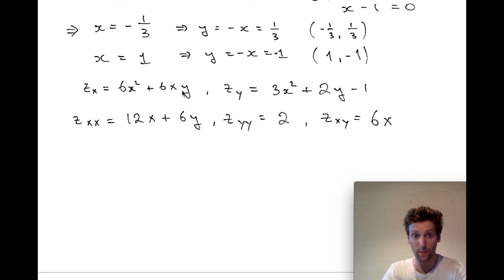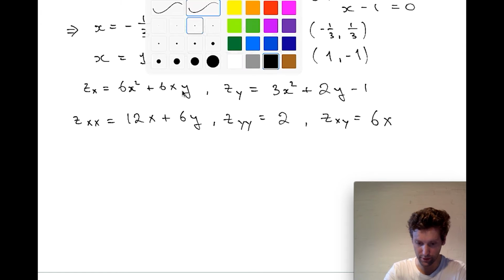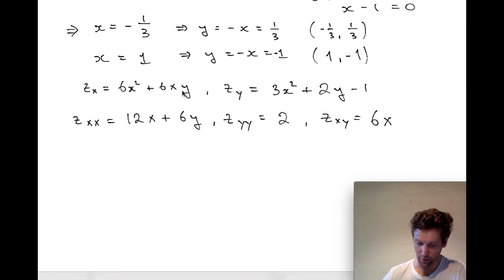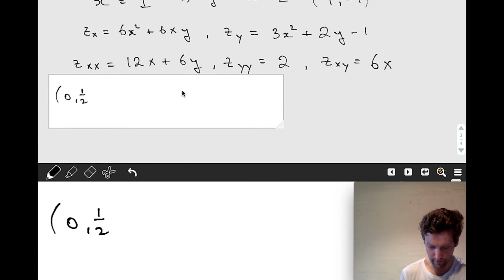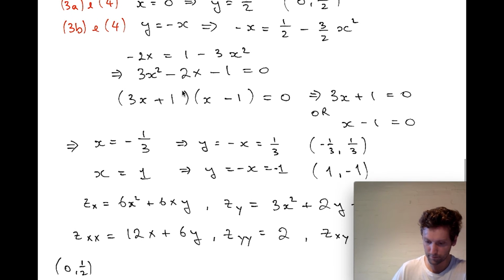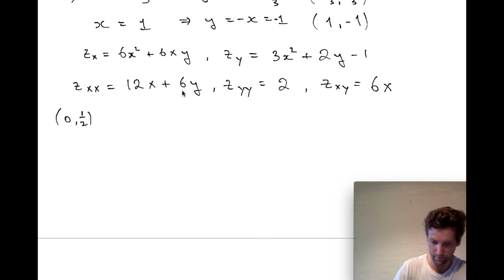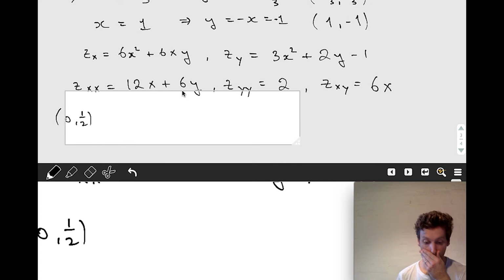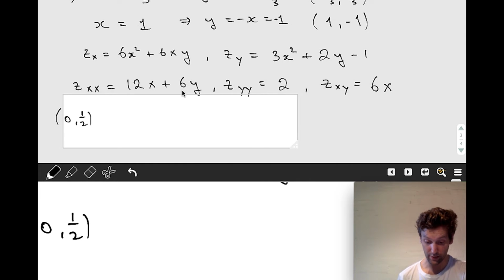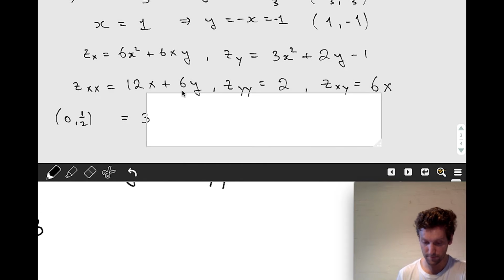Let's now calculate what those are for our different points. So the first point that we had was 0, a half. Substituting x is equal to 0 and y is equal to a half here, we get that the second derivative with respect to x is equal to 0 plus 6 divided by 2, which is 3.